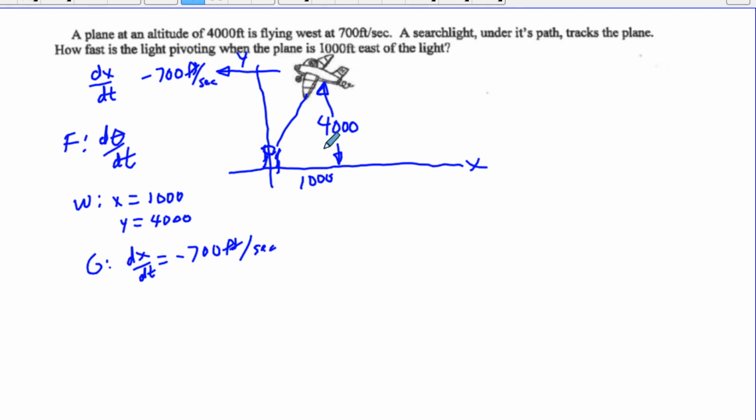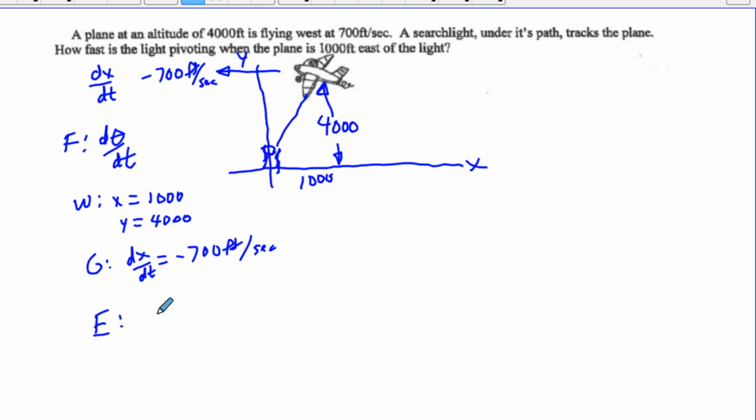What is our equation going to be? Well, we're going this direction. So, equation, what do we have? Well, we're going this way, and a tangent.